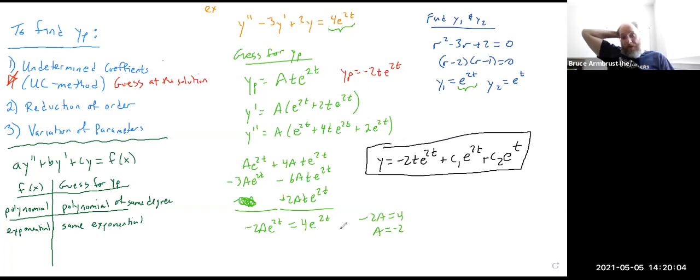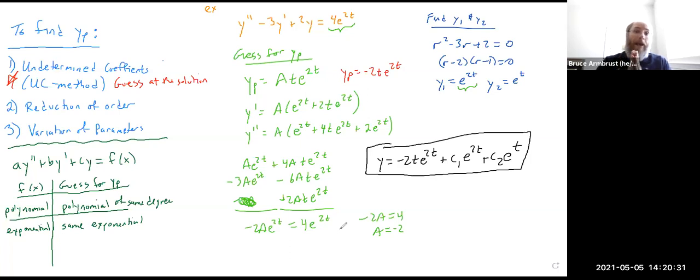All right, so this happens. And this actually happens a lot if you think about it. What kind of forms are going to lead to this where our guess might be part of the actual solution set? Well, anything that came from the solution set. So exponentials, sine and cosine. So we have to watch for this.